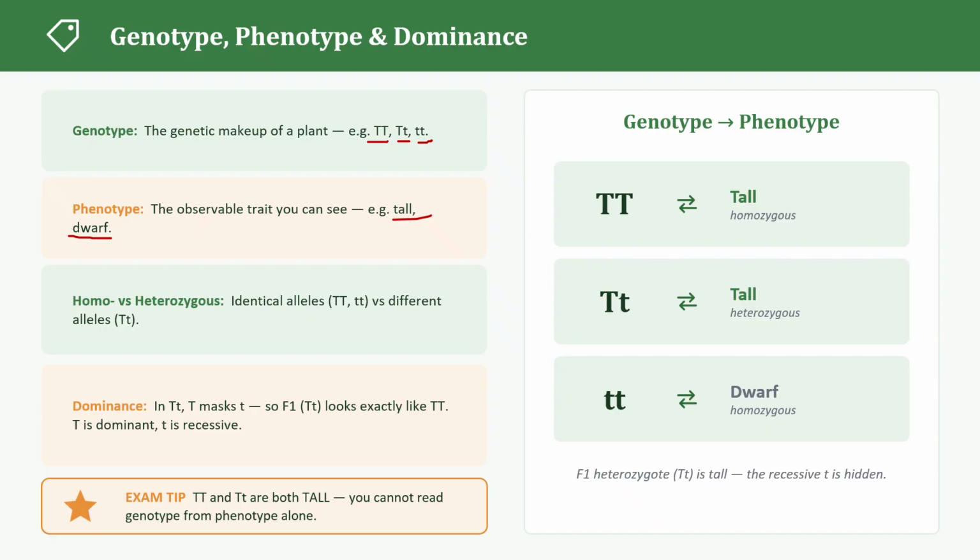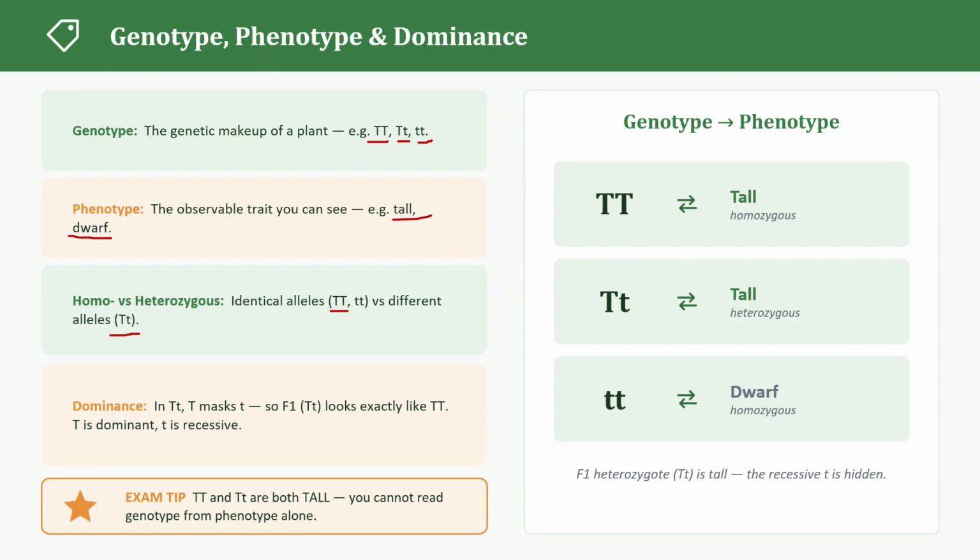And Mendel observed that the heterozygous plant Tt looked exactly like TT. So he concluded that one allele can mask the expression of another allele.